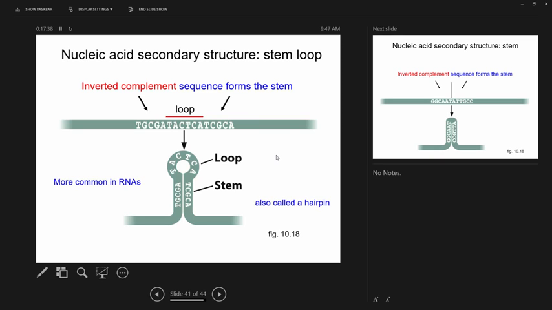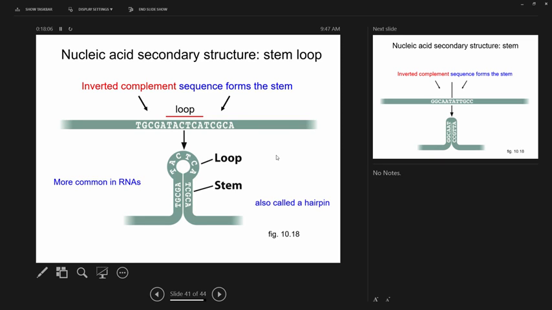So if you start out here and you look over there, you're going to see as you go in from the end, there's a T and an A, there's a G and a C, a C and a G and a C, etc. And those will make, see the outer, inner, until you get to this part in the middle that's TAC, TCA, TAC, TCA. These can base pair to form what's called a stem loop structure.